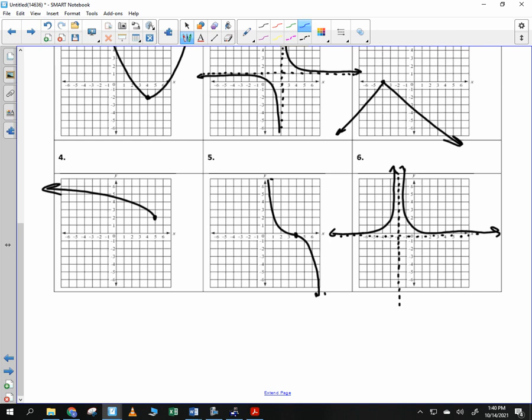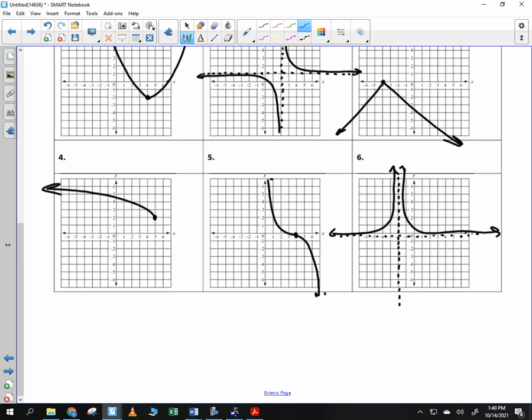This one is at 5, 2, and it's a square root function, heads off to the left. Is that negative 2, 0? The last one? Yes, negative 2, 0. This is a cubic function.